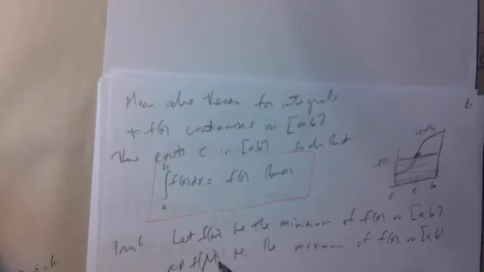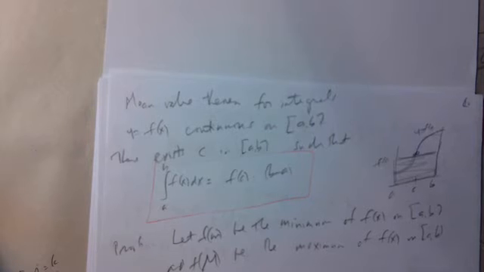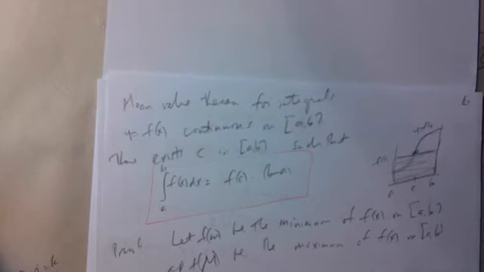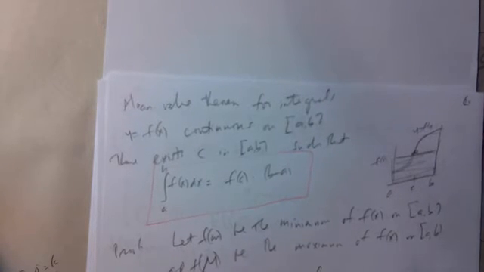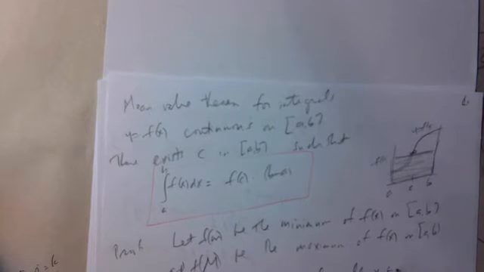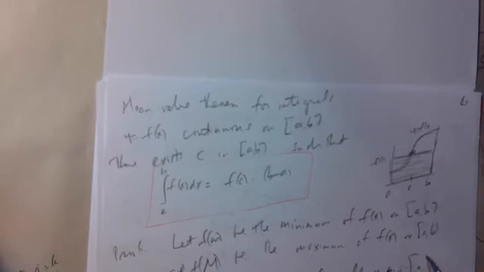Then f of little m and f of capital M are the points where these minimum and maximum values occur. So f of m is less than or equal to f of x is less than or equal to f of M for all x in the interval from A to B.